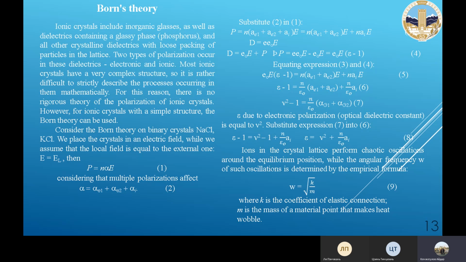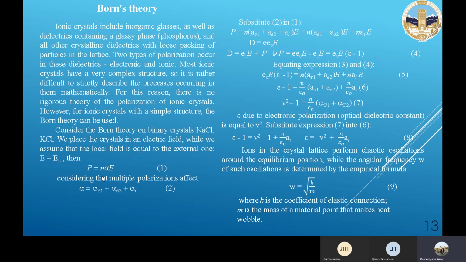Consider the Born theory on a binary crystal, sodium potassium. We place the crystal in an electric field, while we assume that the local field is equal to the external one.